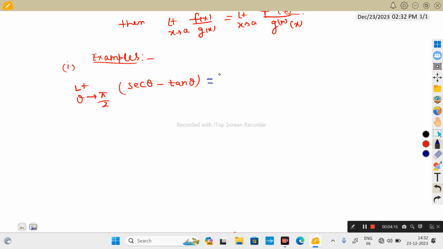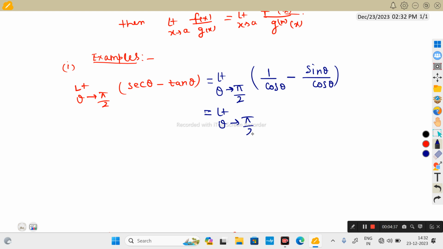We can write sec theta as 1 upon cos theta, and tan theta as sin theta upon cos theta. This equals the limit as theta tends to pi by 2 of (1 minus sin theta) upon cos theta.